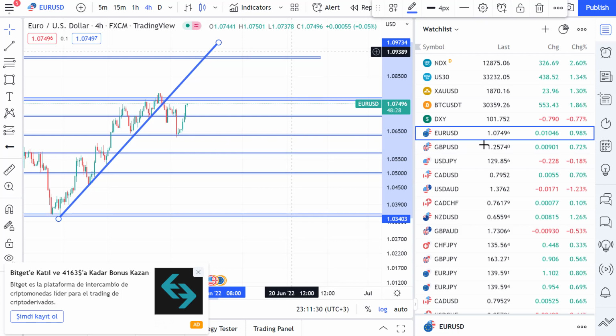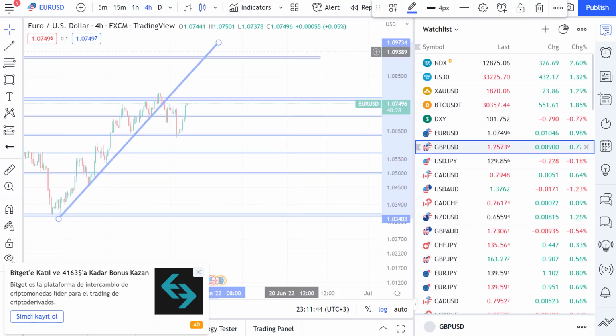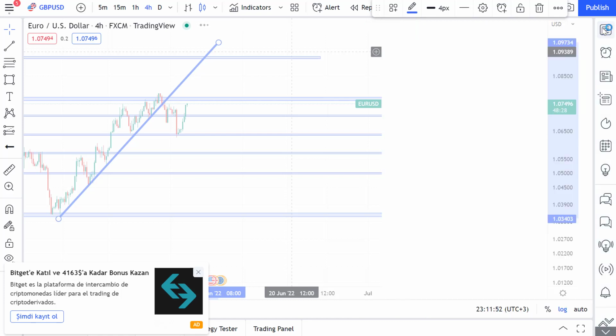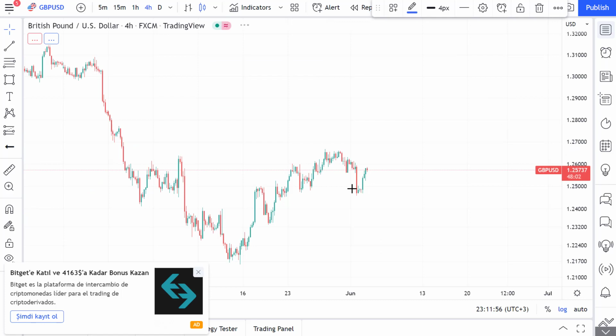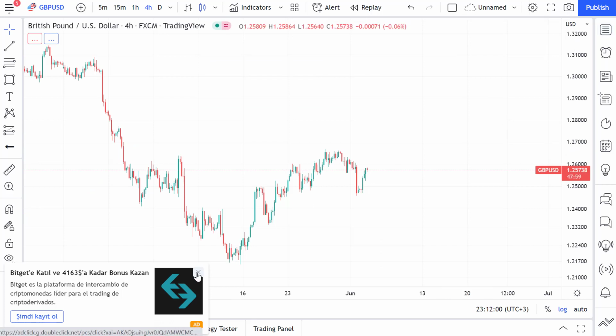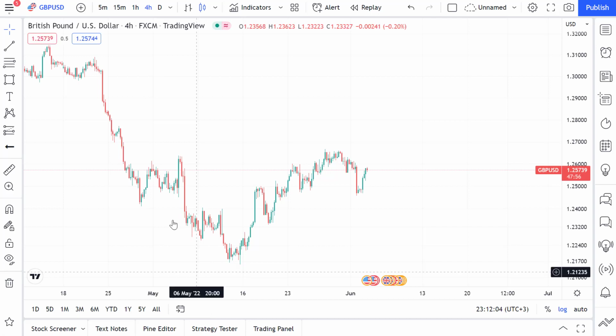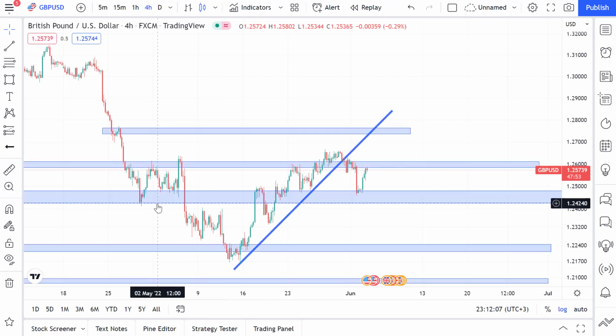For pound USD, we had the same situation, and after the breakout, we had a downtrend, and today we had something like a pullback. And as you can see the lines, just a second.